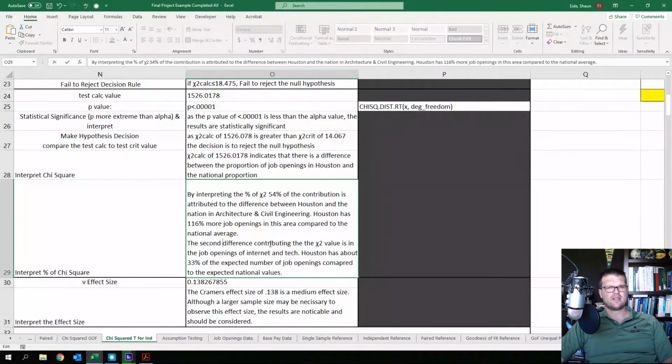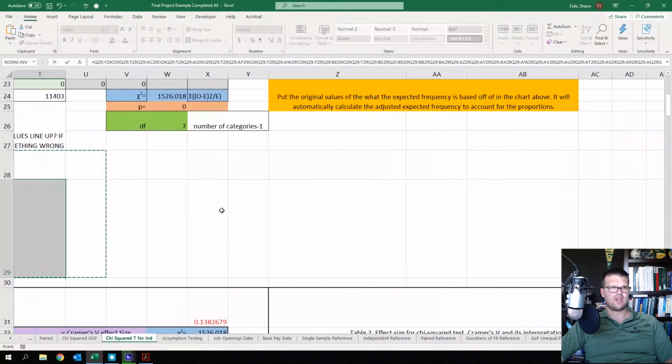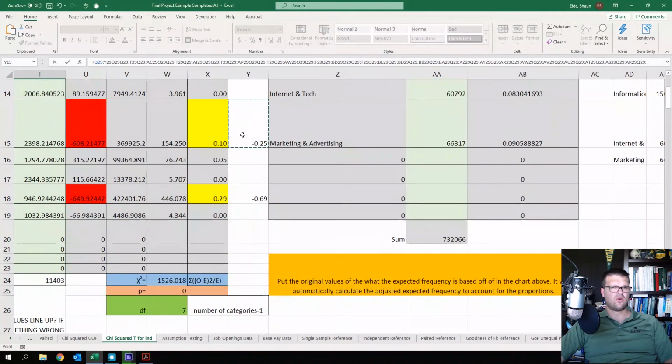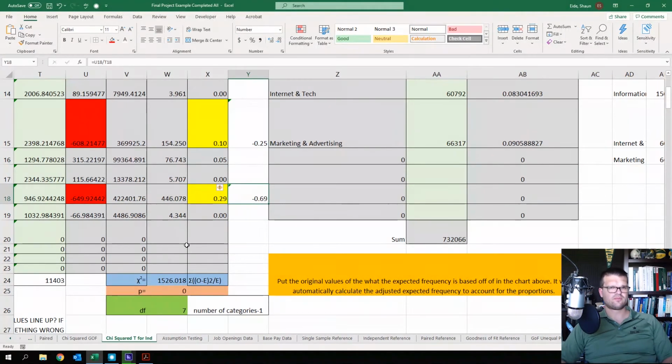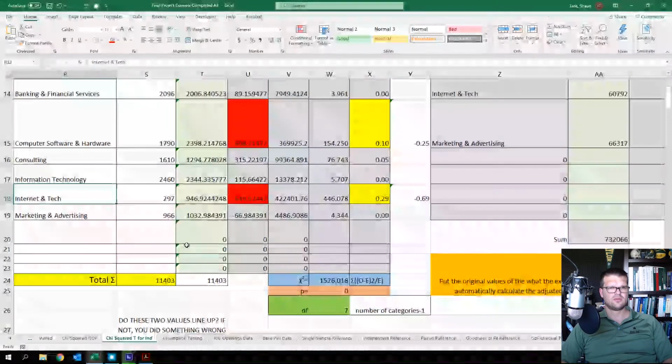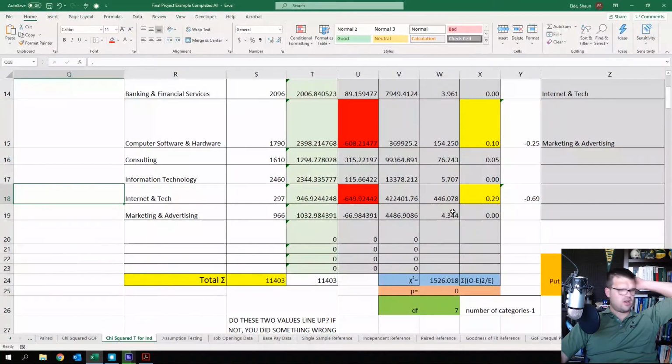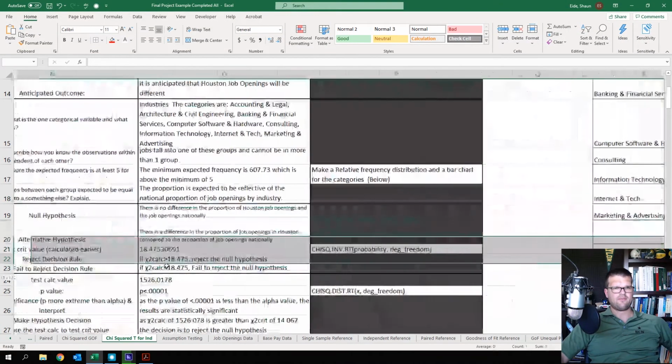The second difference contributing to chi-squared is the job openings in internet and tech. Houston is about 33% below, or better yet, there are 69% less jobs than what were expected.